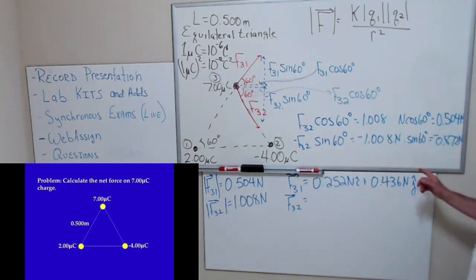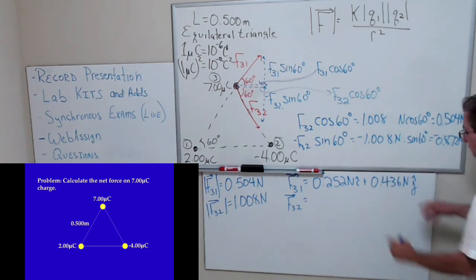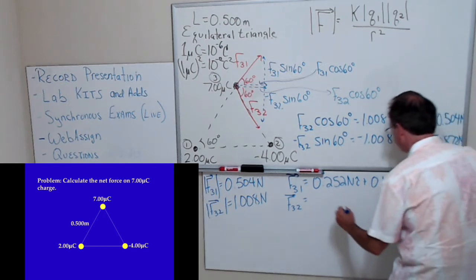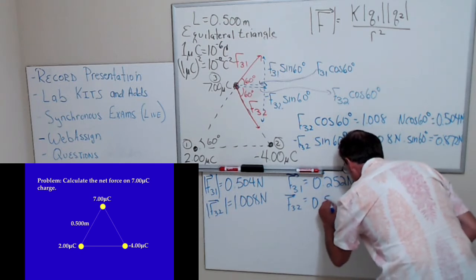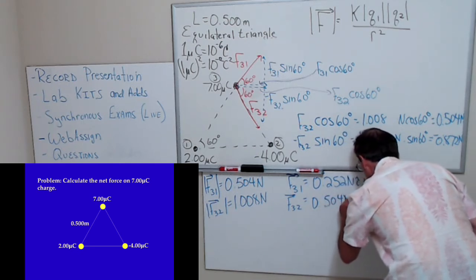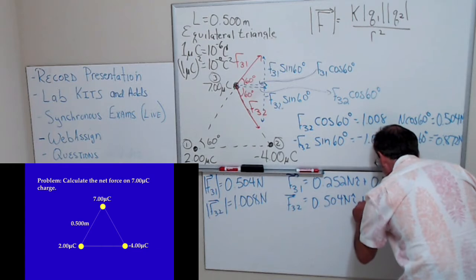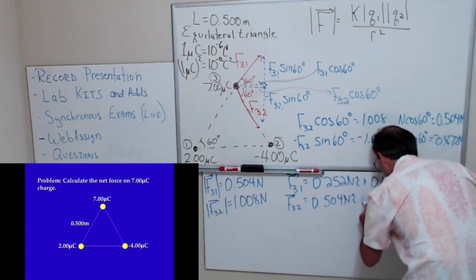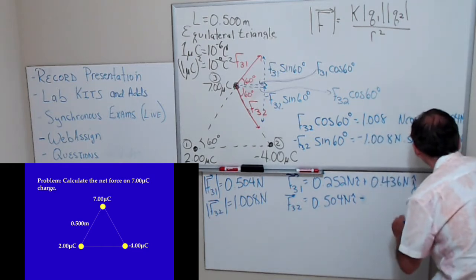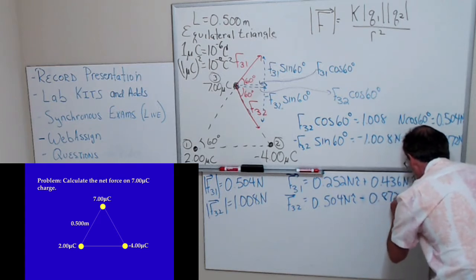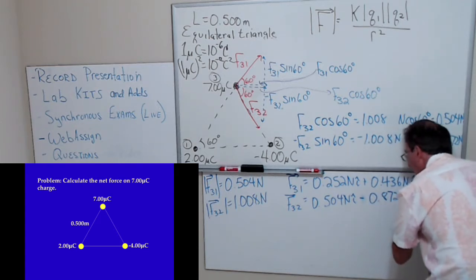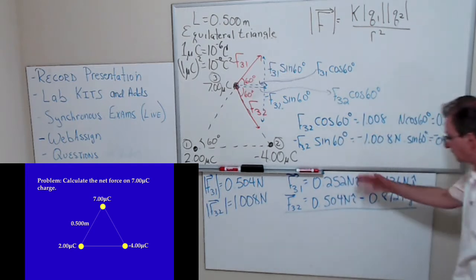This is what you get for F32, the bottom one. And so when I put these numbers in, now I have these two forces.